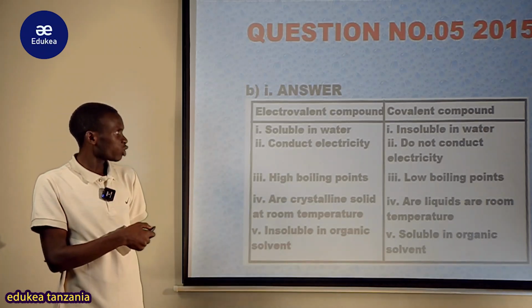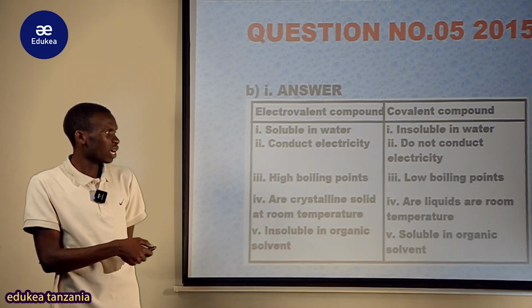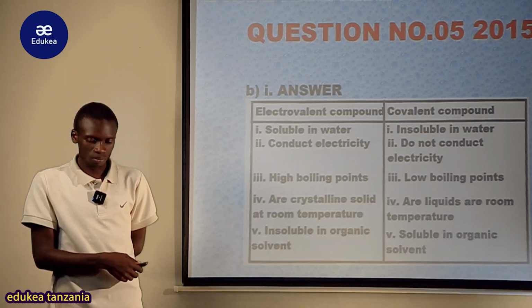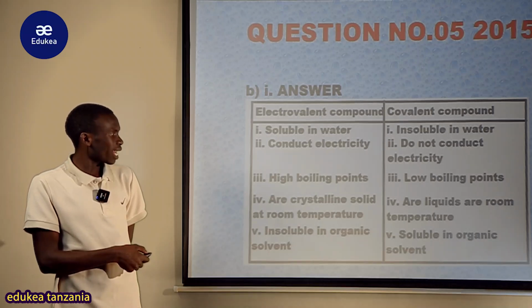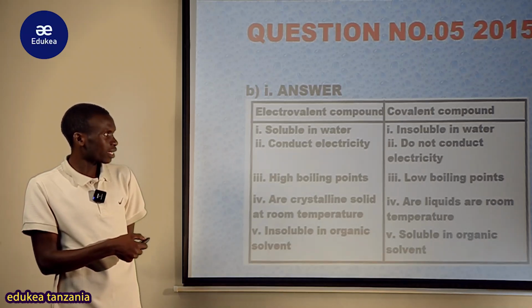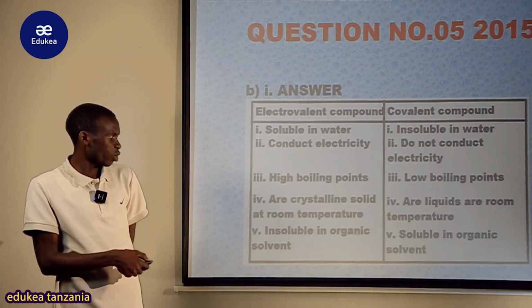Another, electrovalent compounds have a high boiling point, while covalent compounds have a low boiling point. Also, electrovalent compounds are crystalline solids, while covalent compounds are liquid or gas at room temperature.